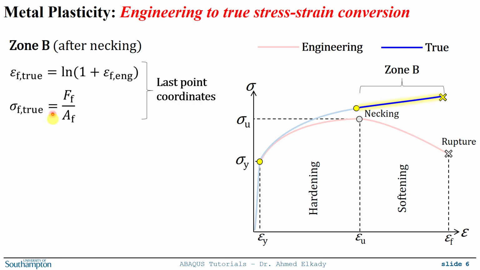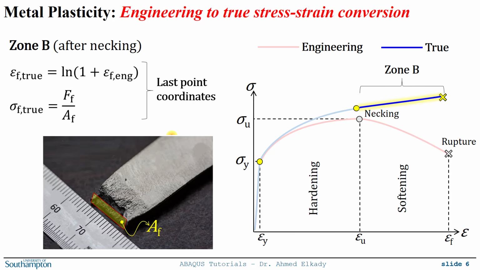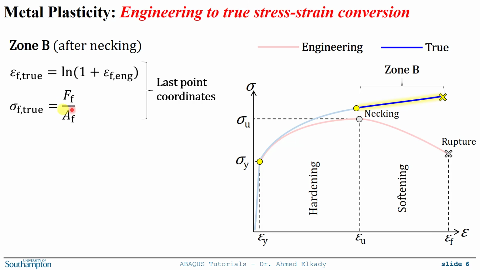Assuming that you recorded this failure area, so after you pulled your coupon and it fractured, you measured the area at the fracture location, then you can use it directly here and compute this stress. Then you have this point, and you just join a straight line.